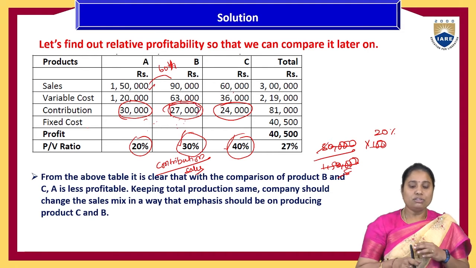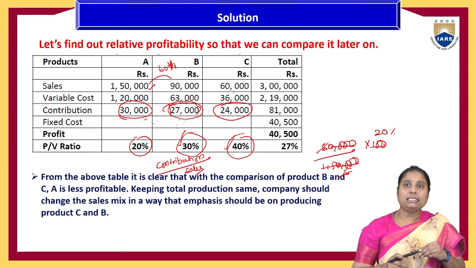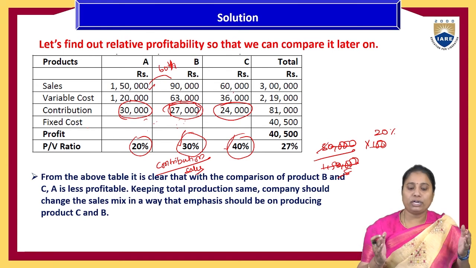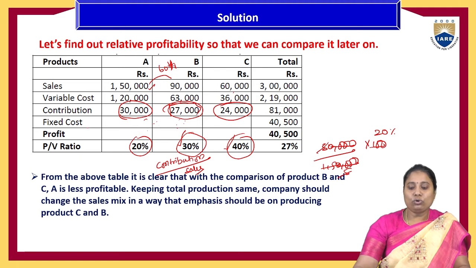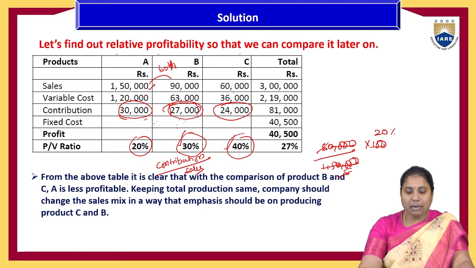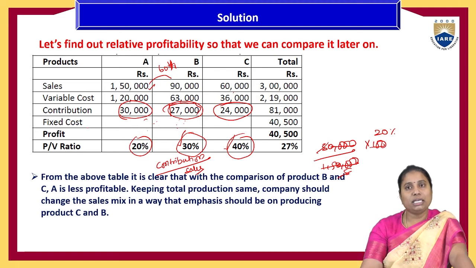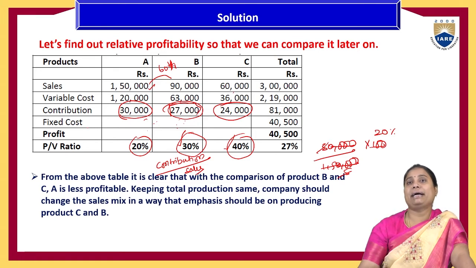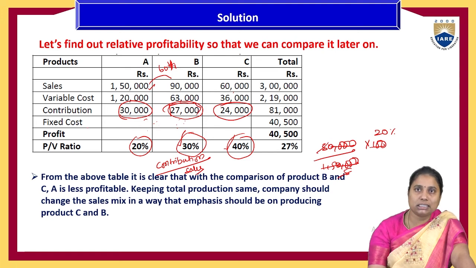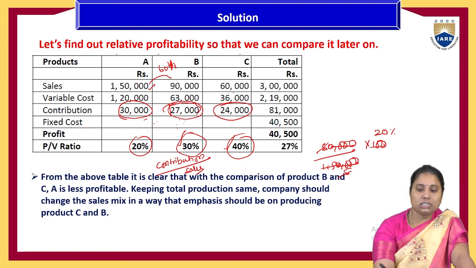So from the above table, it is clear that with the comparison of products B, A and C, keeping total production the same, the company should change the sales mix in a way that the emphasis should be on producing product C and B more than A. If they want maximum benefit to the organization, they have to change this.